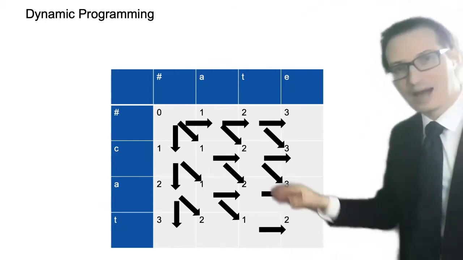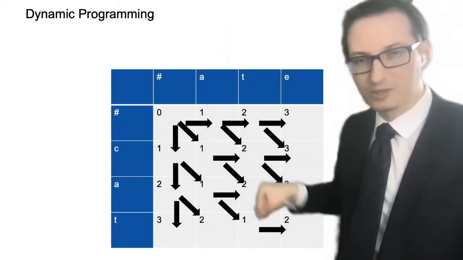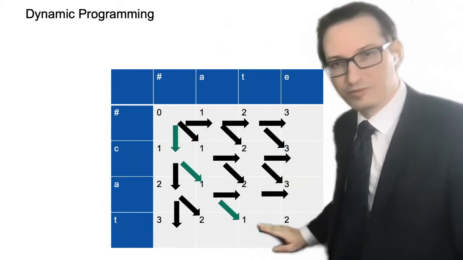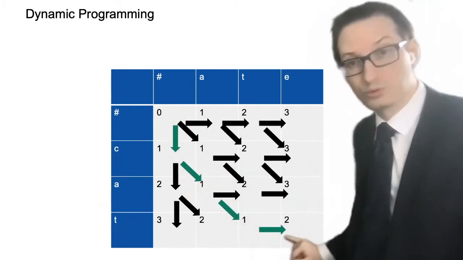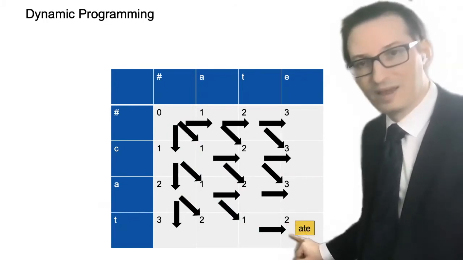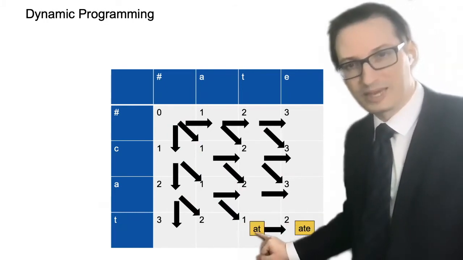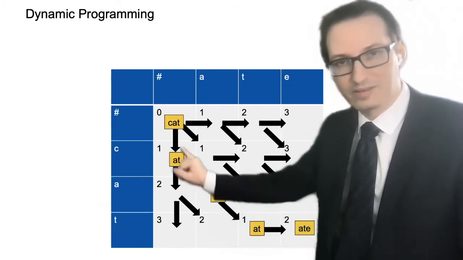And if you keep track of where the minimum comes from, and you actually build the table also keeping the pointers, then you can even remember the path that you used to get that minimum distance of 2, right? So in that case, you have at that came from transforming cat to at. Here that came from at, here, at, and cat.